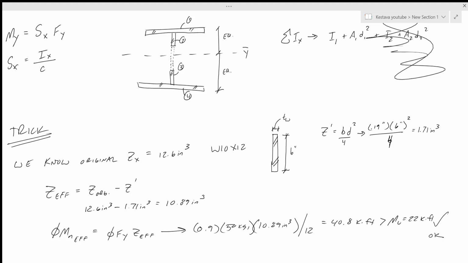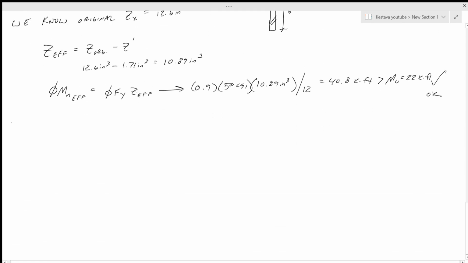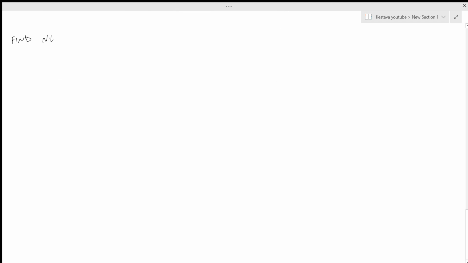The last thing we have to do is figure out, are we okay with deflection? So find the new max deflection. Same thing, we know it equals 5wL^4 over 384EI.